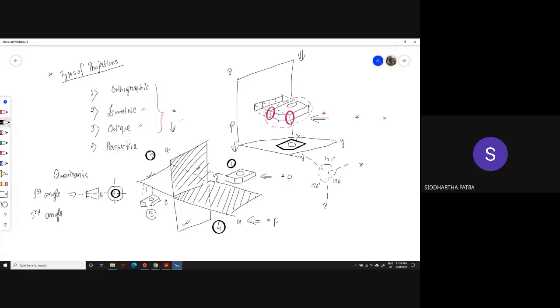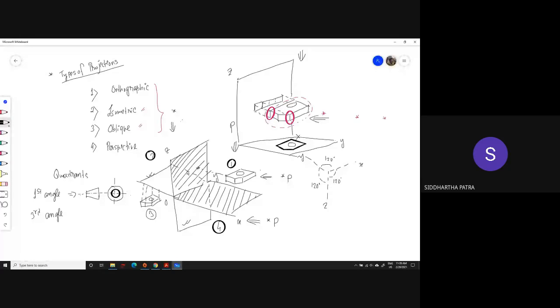If you notice, I'm drawing this projection behind the object. So it shows that whatever I'm seeing from the left, I'm drawing on the right. This is how the first angle projection works.